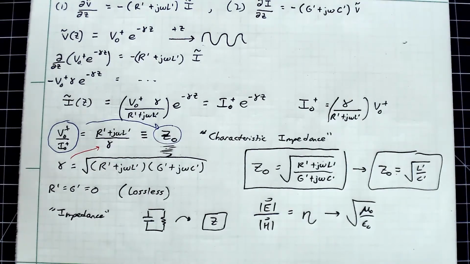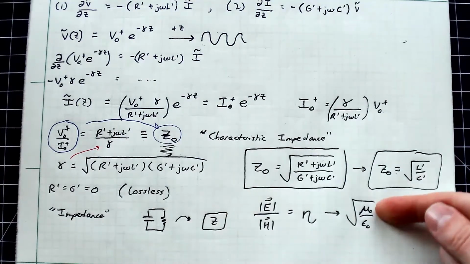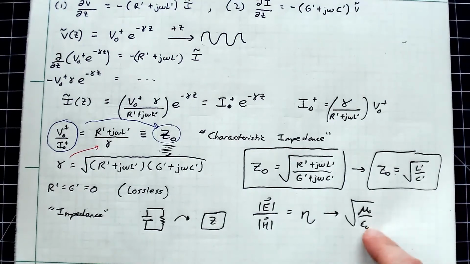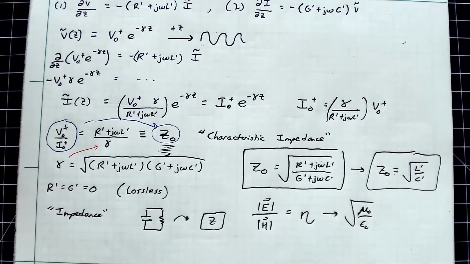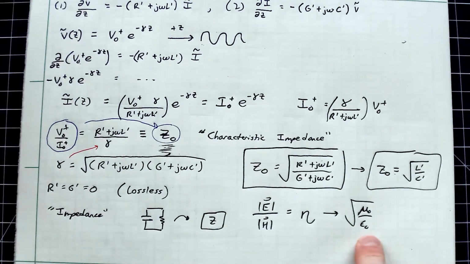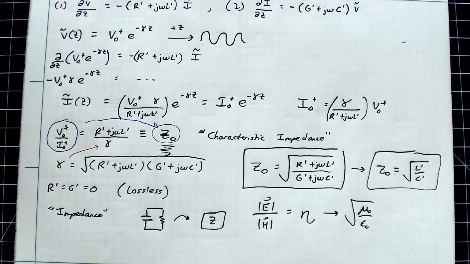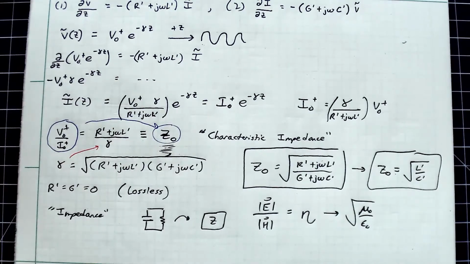So it's common to hear words like a high impedance wave might be something with a very large magnetic permeability divided by the permittivity, or vice versa. If I had a very large dielectric constant, I might get something like a low impedance wave. In a sense, it's just talking about the ratio of the E to the H field.